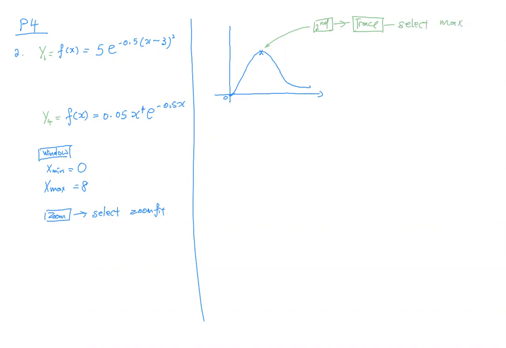Okay. Then you will get the coordinate as 3, 5. Okay, then this is your GX, sorry.